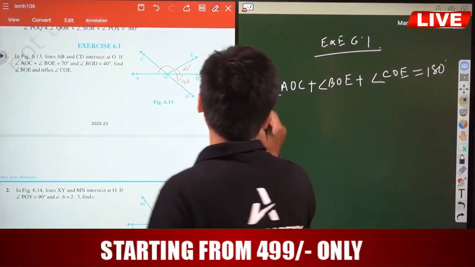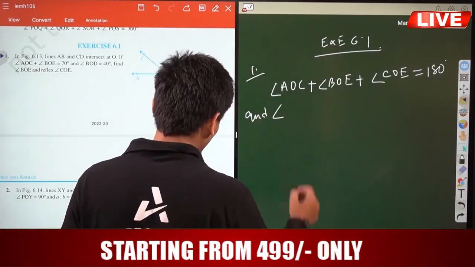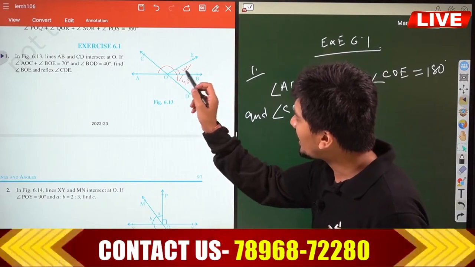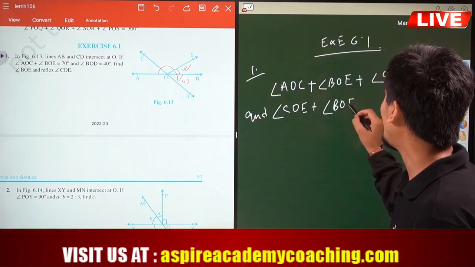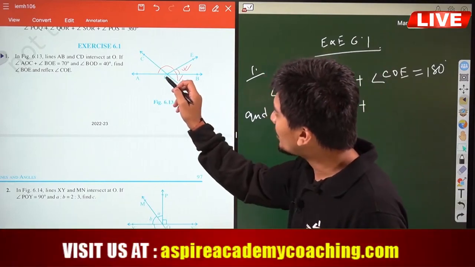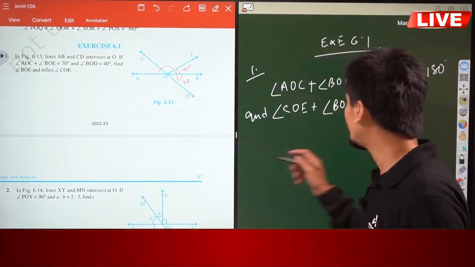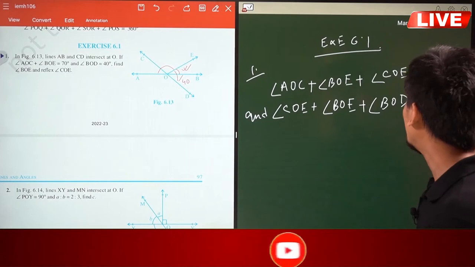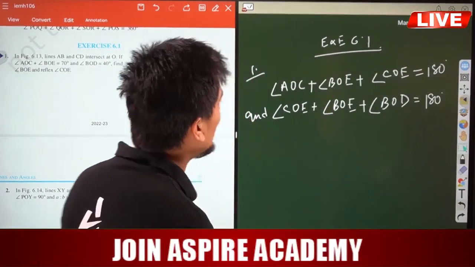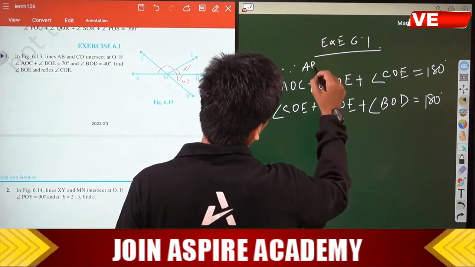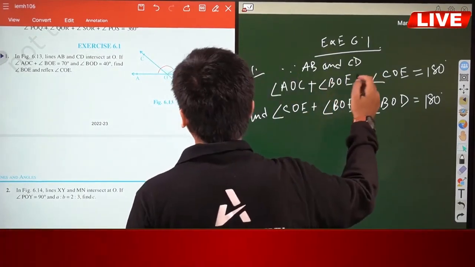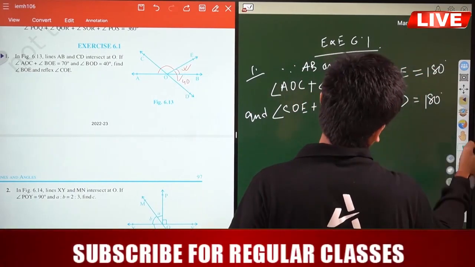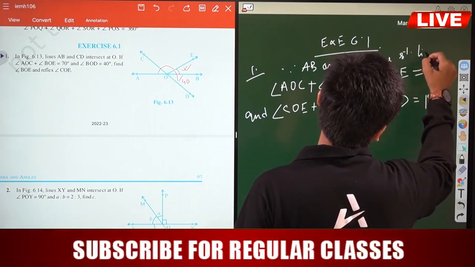And also you can write angle COE plus angle BOE plus angle BOD equals 180 degrees. Since AB and CD are straight lines.